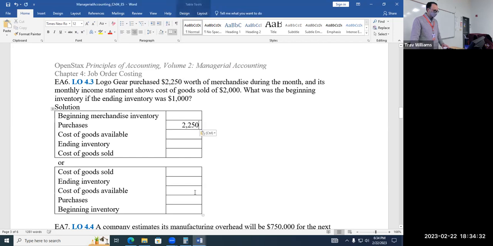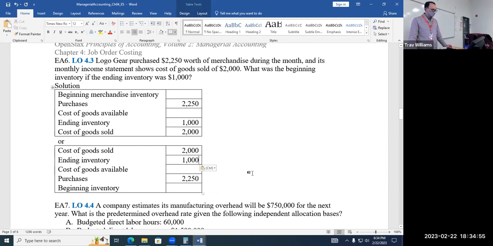That's purchases. Cost of goods sold is 2,000. Ending inventory is 1,000. And we have to figure out beginning inventory and the cost of goods available.